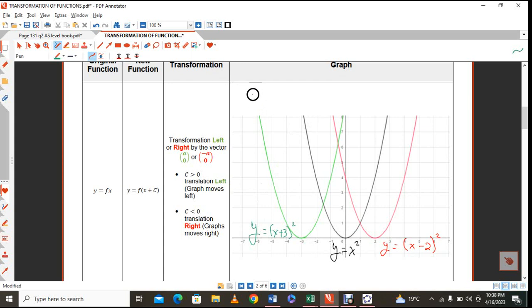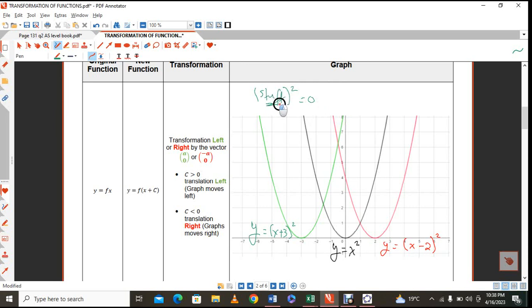I always say the stuff in there plays a key role, even when you are supposed to do vertex form. So I wrote stuff squared equals 0.